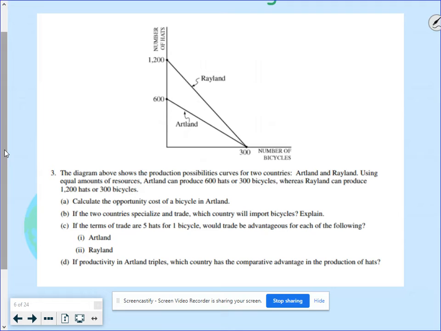Oh, like in a different order? Okay, so what are we doing? Opportunity cost? Bicycle, that's... Oh, yeah. 200. Okay.